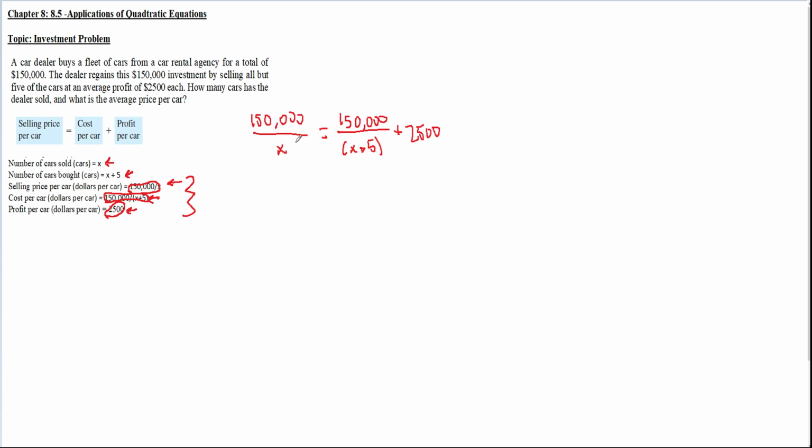So we want to get rid of these denominators, and to do that we have to multiply each side by x, and we have to multiply each side by x plus 5. Let me just redo that instead of making it look like some star.